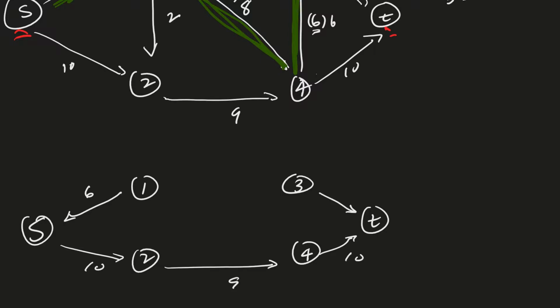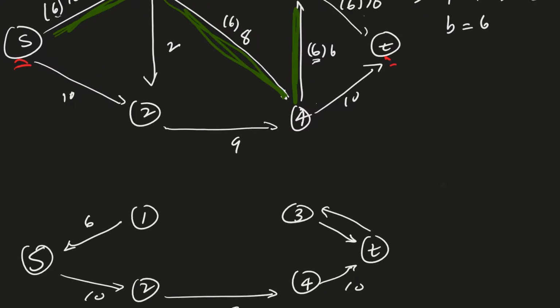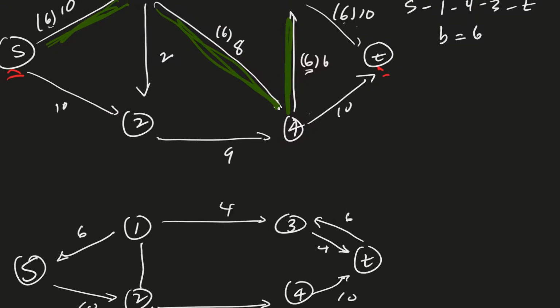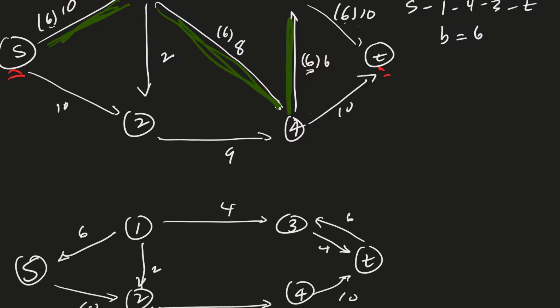Now this one actually goes two ways, right? We have forward 6, so we can go backward 6, and then we have a full capacity of 10, so that means there's 4 left over. This 4 wasn't used yet. This 2 wasn't used yet.